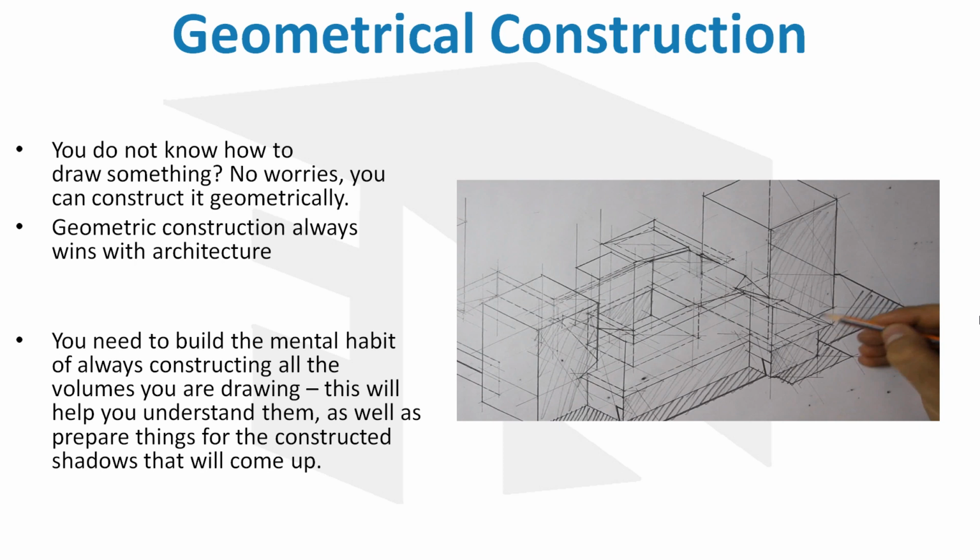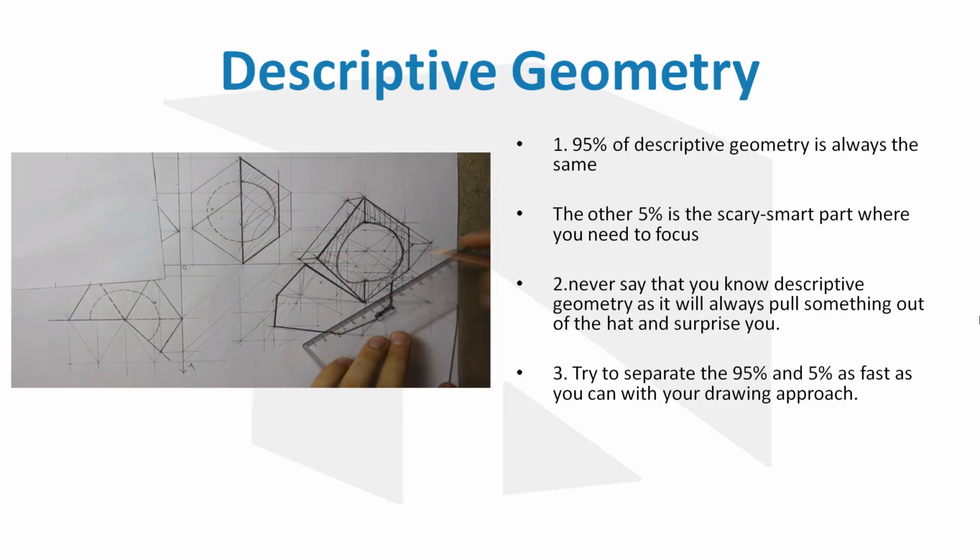And this needs to become kind of a mental habit. Okay, you need to get used to approaching all the technical drawings you come across with this thinking of geometrical construction. Next up, you've got descriptive geometry, which is interesting.